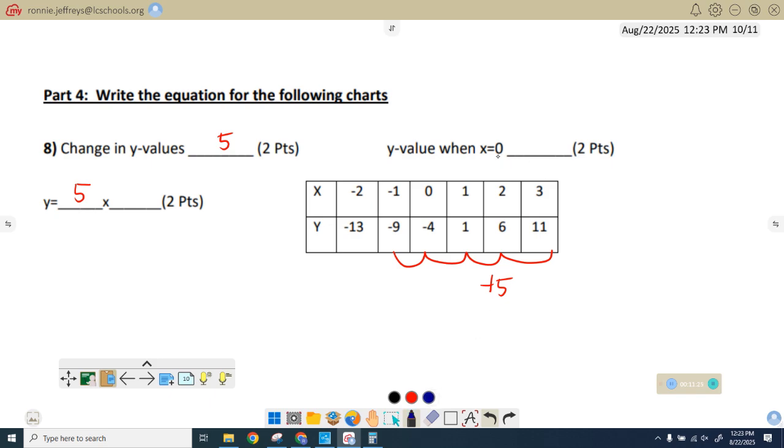Our y value when x is 0 is negative 4, so that goes right here. That is a typical thing: people will write them correctly up here and then accidentally write them backwards right here. That's why this part up here is worth more points than this.